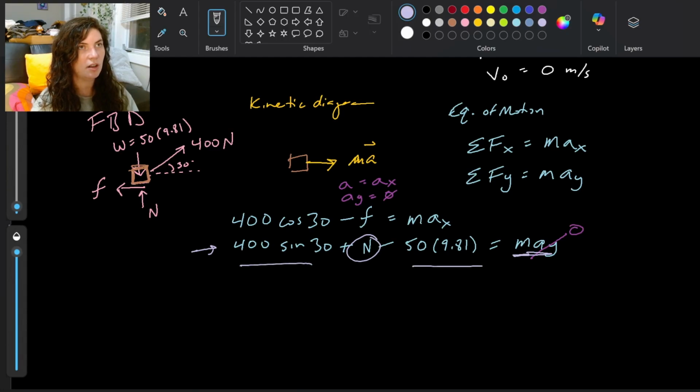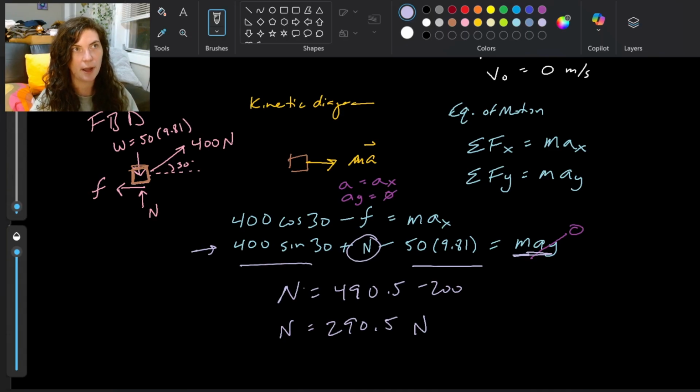So if I solve this for N, I'm going to get N is 490.5 minus 200. So the normal force is 290.5 newtons. That's newtons, right? So my normal force is 290.5 newtons.